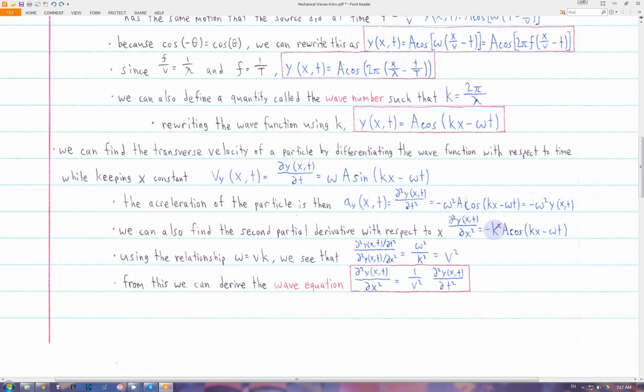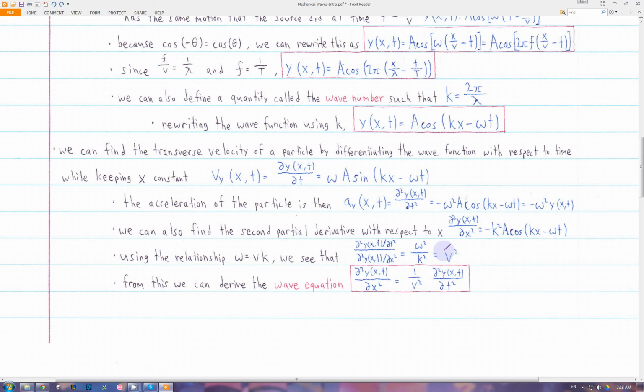And so if we put the second partial derivative with respect to t over the second partial derivative with respect to x, then we get that equals omega squared over k, the wave number squared, which we can find is just equal to the wave speed squared.